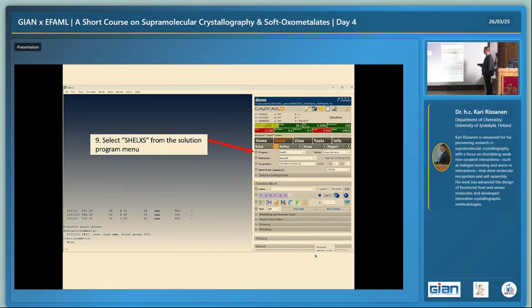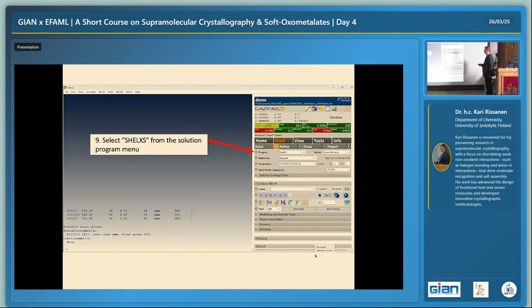So we now go here in the program menu, and you will have it later on. We use a program called GIANxS. That is a different set of programs. By default, for teaching purposes, we are using an old version of a program which doesn't give everything at once. It gives us a presentation of the electron density map.